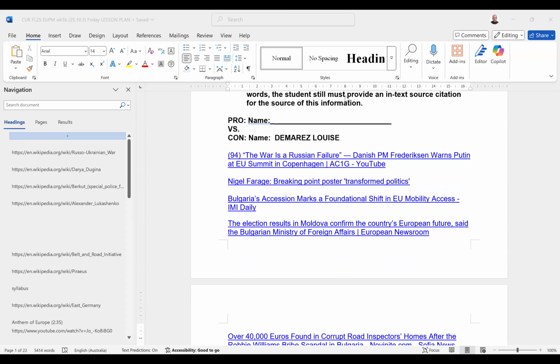So here's Herman van Rompuy in action, and Herman van Rompuy and Farage. You can see this big bad guy, Nigel Farage, mocking Herman van Rompuy.